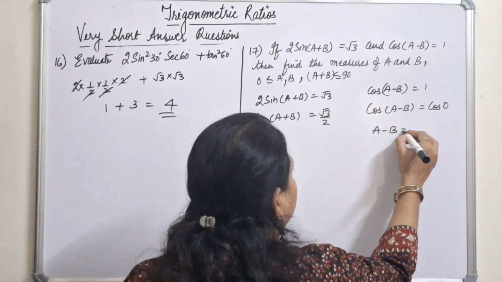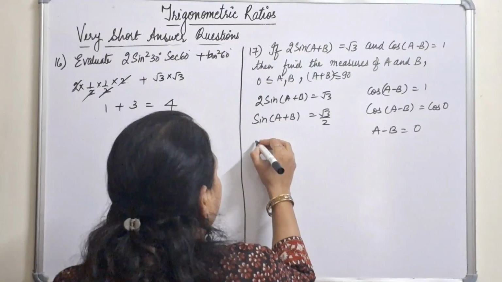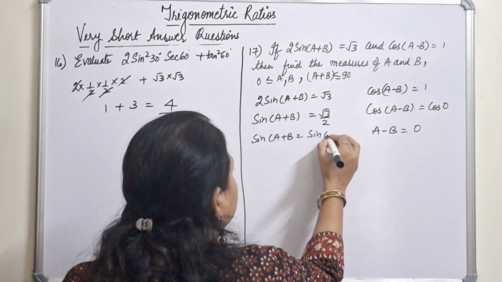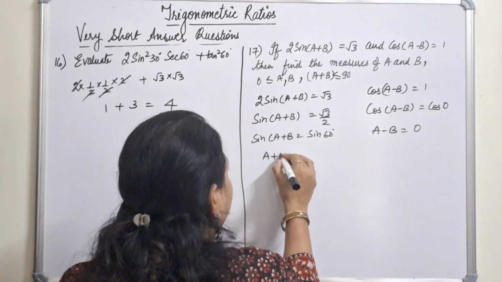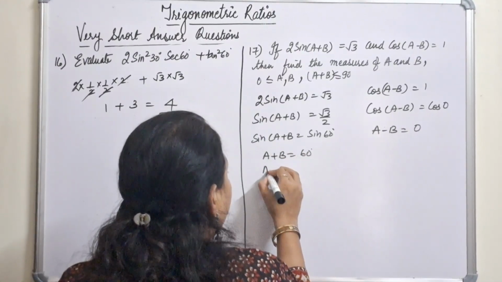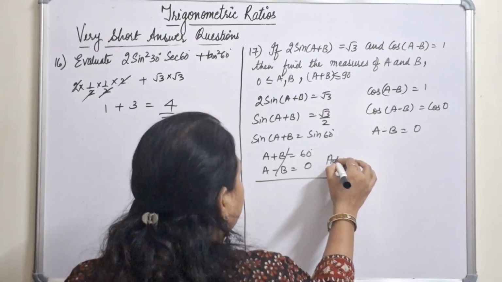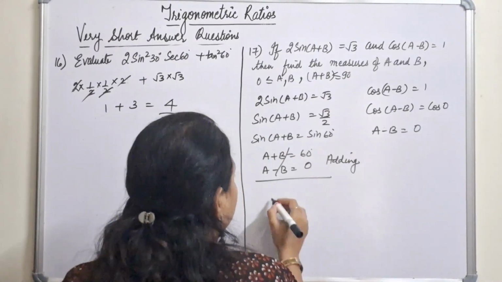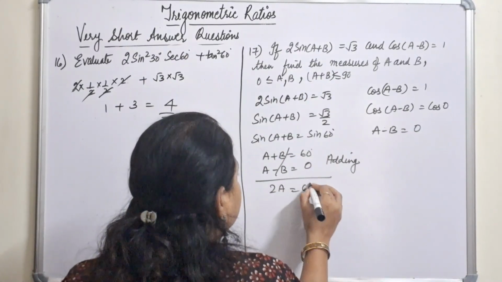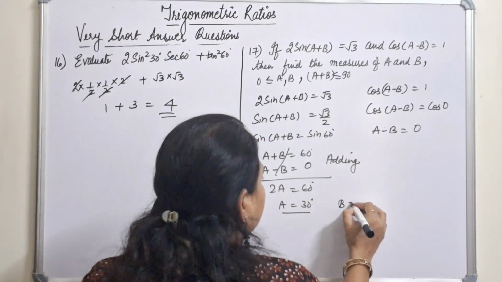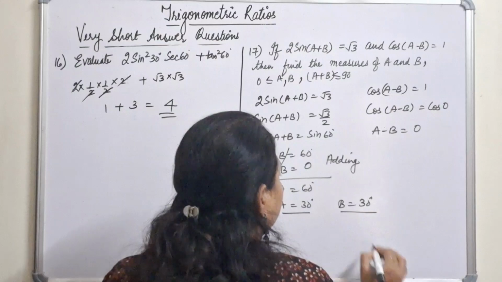So the second equation will be 0 and here sin of A plus B can be written as sin of 60. So A plus B is equal to 60 and A minus B is equal to 0. By adding, twice of A is equal to 60. So A is equal to 30 and when A is equal to 30, so B is also equal to 30.